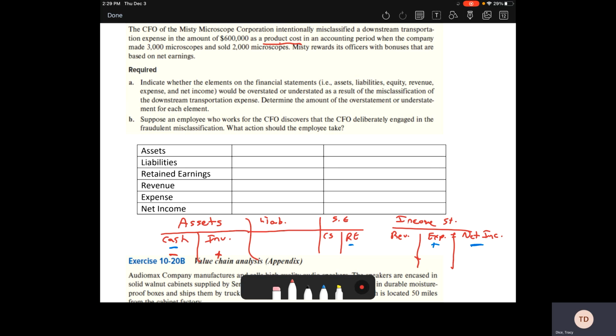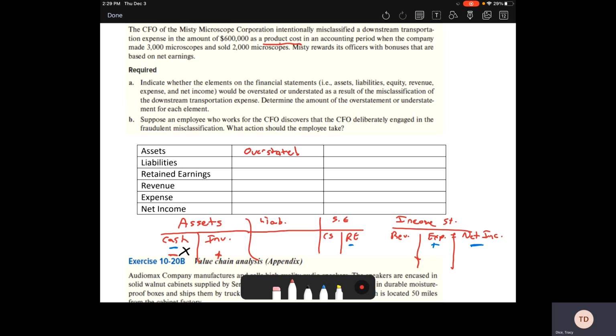So how is that going to affect what's actually shown? Well, if we look, we've got our assets first. The cash still comes out, so that's not a big deal. But we see our inventory increases. Because of that increase, our assets are going to be overstated, so we're going to show a higher asset amount than really exists.